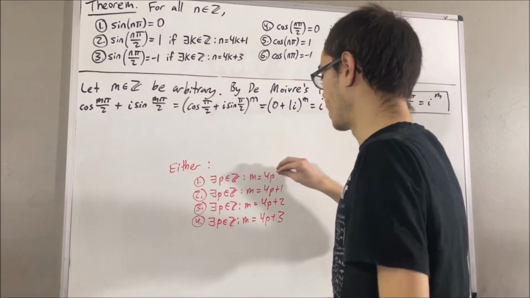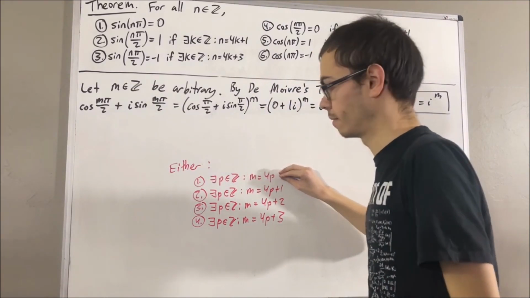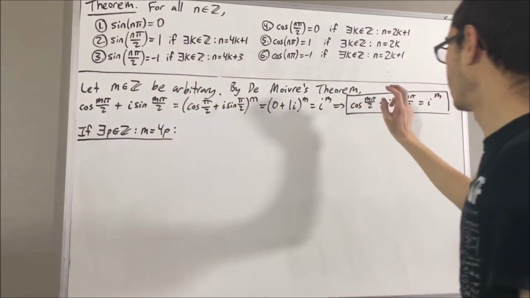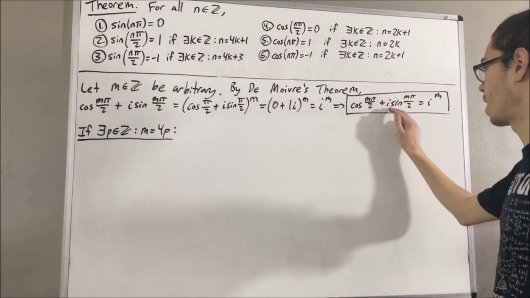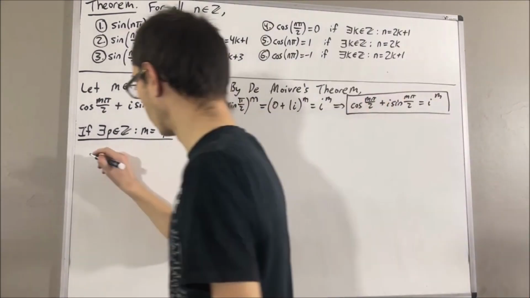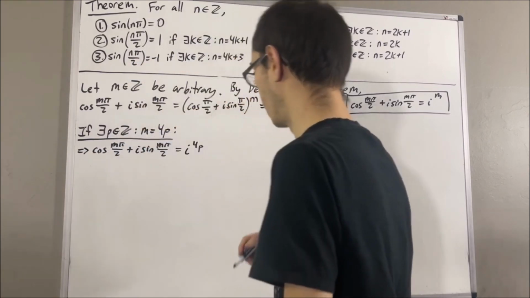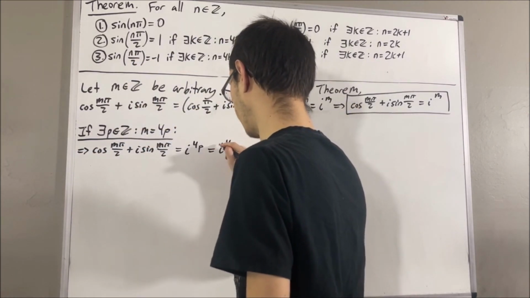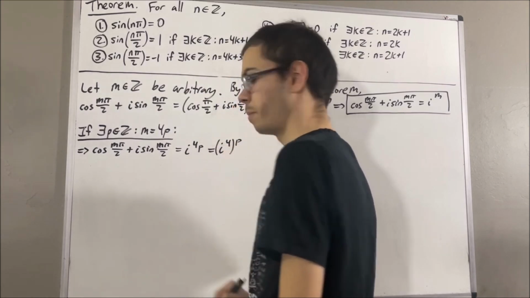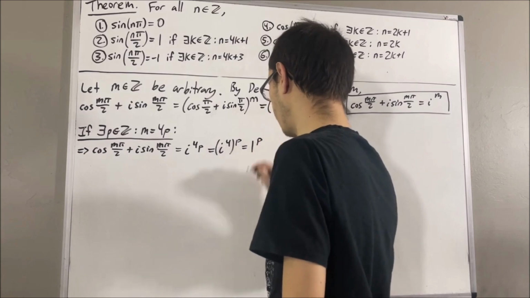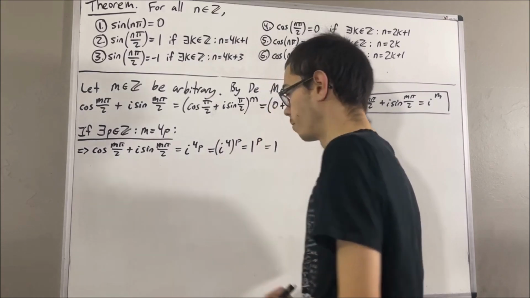Let's start with the case that m is of the form 4p. Well, in this case, we can write cosine of m pi over 2 plus i sine of m pi over 2 is equal to i to the power of 4p. And then, by properties of exponents, this is just (i to the power of 4) to the power of p. But i to the power of 4 is just 1, so this is just 1 to the power of p, which is equal to 1.